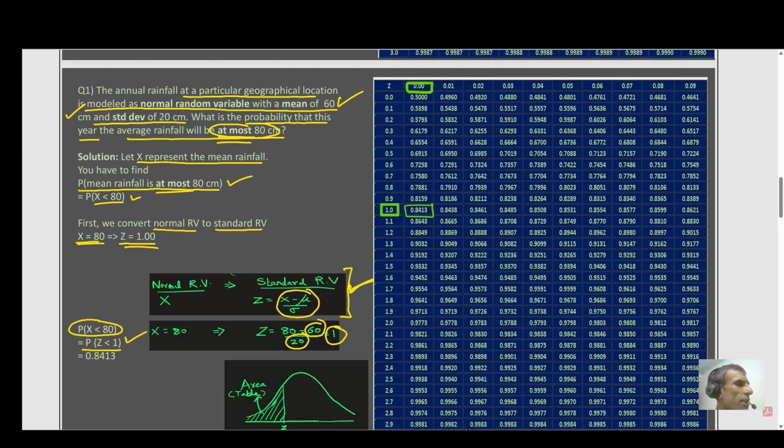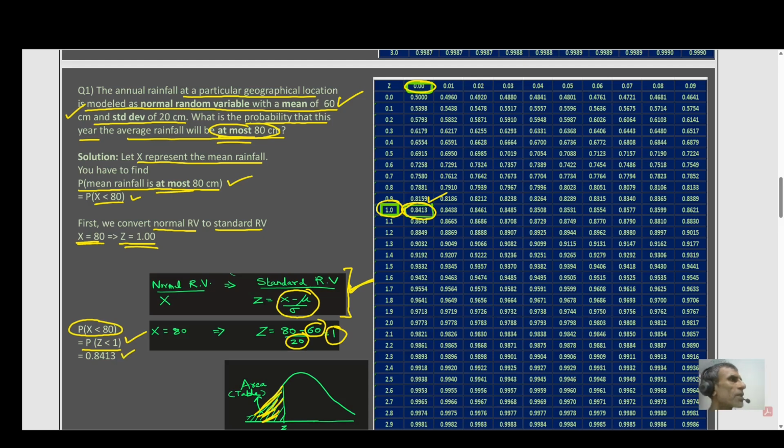You can use your standard Z table to find the probability of Z less than 1. Z is 1.00 right there, and you come over here, and this is 0.8413. So that's your answer: the probability of Z less than 1 is 0.8413.